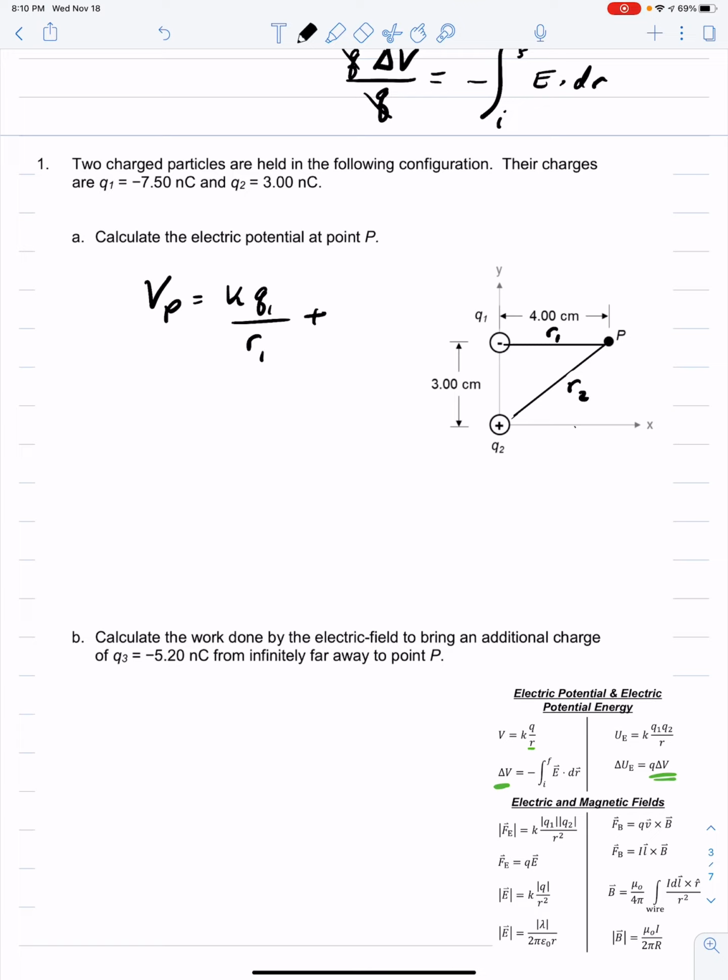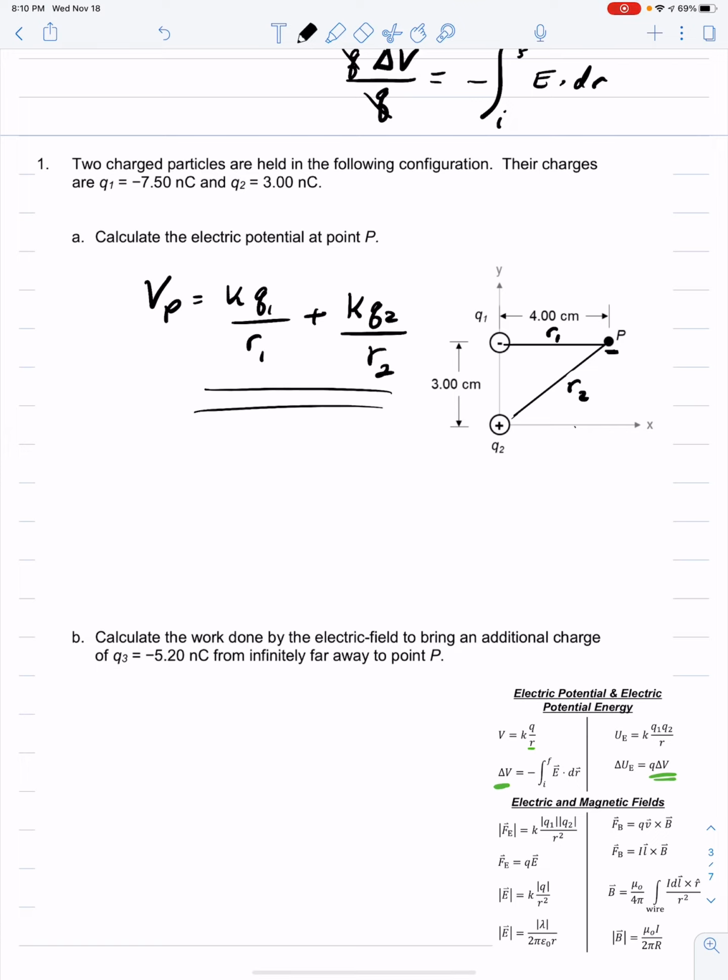Plus K, Coulomb's constant, times charge 2 over R2. That reference point is the important part. And voila, you just solved for the electric potential, not electric potential energy, but the electric potential in reference to point P.